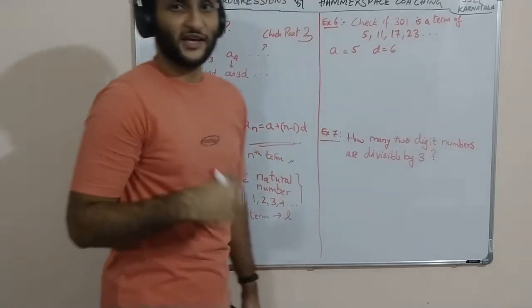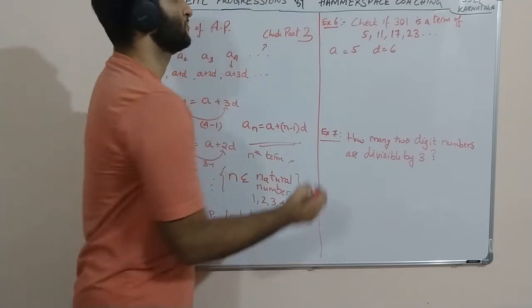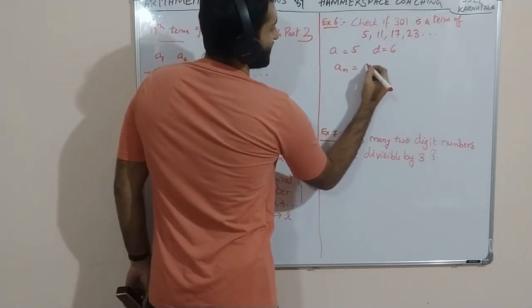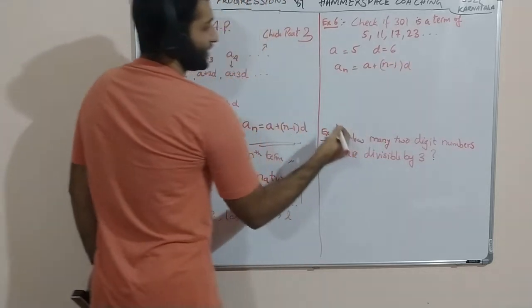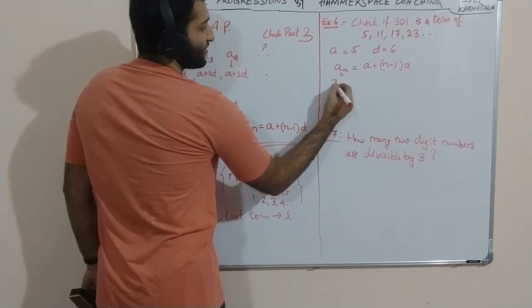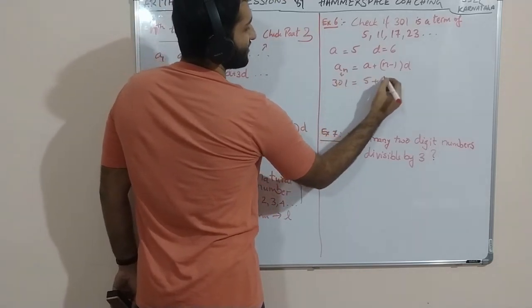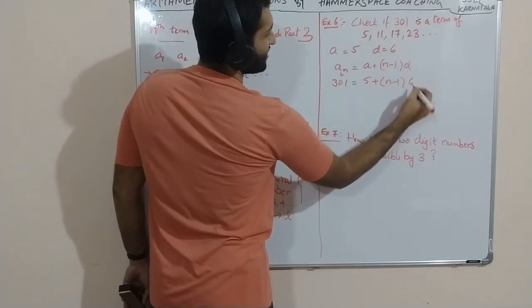Now let's assume that 301 is a term of the AP. So an equals a plus (n minus 1) into d. Let us assume 301 is an. 301 equals a, which is 5, plus (n minus 1) into d, which is 6.